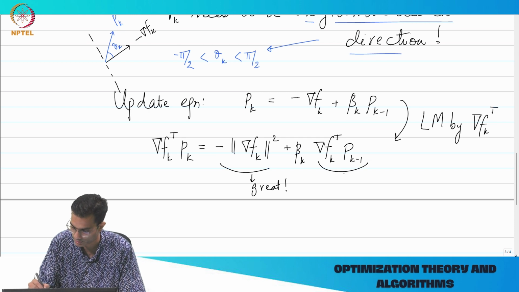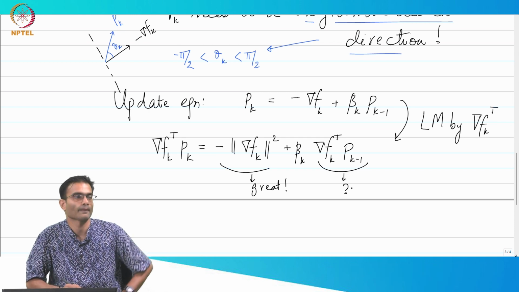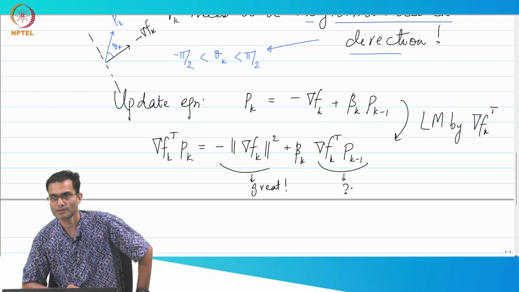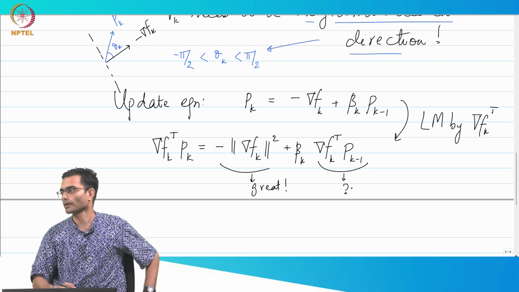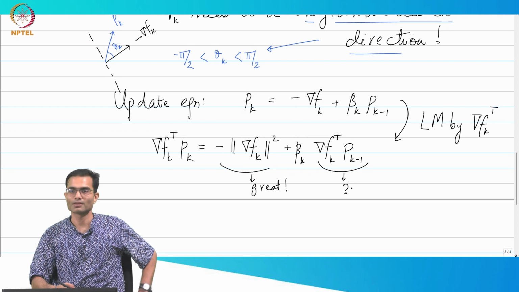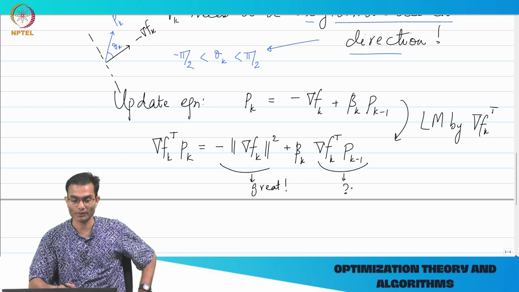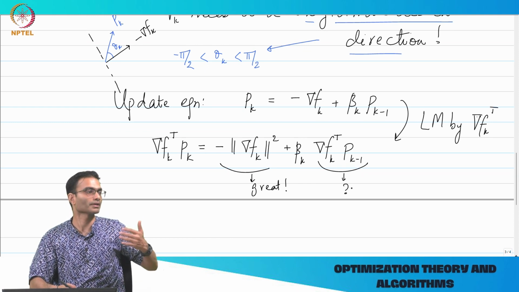On the other hand, this term could potentially be problematic. Why? Because if this exceeds norm grad f k squared, then what will happen? Pk will no longer be a descent direction.